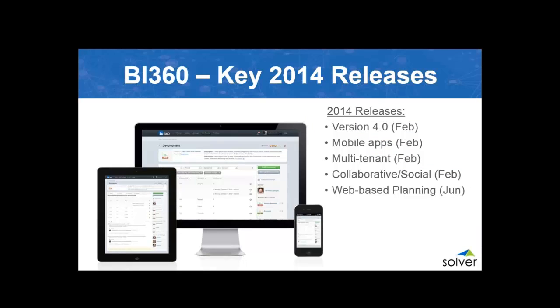As I mentioned, one of the great things is because they have multiple offices and a fairly large team, they've had a lot of releases, and they continue to do so. They've released multi-tenant, which is pretty big, and some mobile apps. They added the collaborative feature, which is the workflow and email routing around budgeting and approvals, and have added more web-based planning recently.